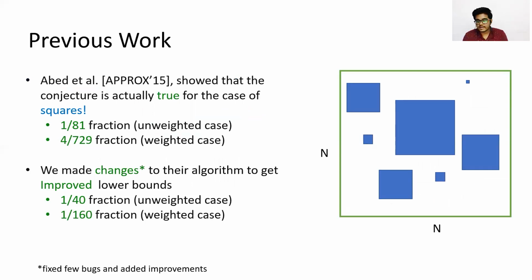So naturally, we have to try to attack special cases. For squares, they proved that it's true, in fact, for unweighted and weighted case. So we made improvements to the algorithm and also fixed a few bugs actually. So we proved 1 by 40 in unweighted and 1 by 160 in weighted case.